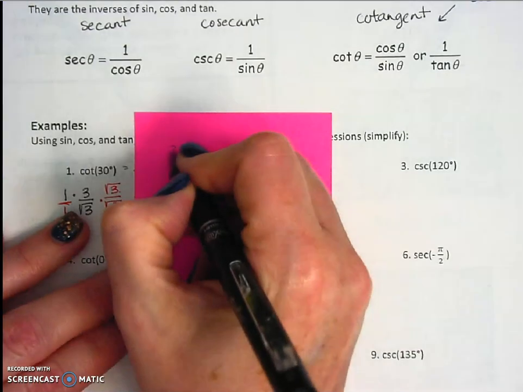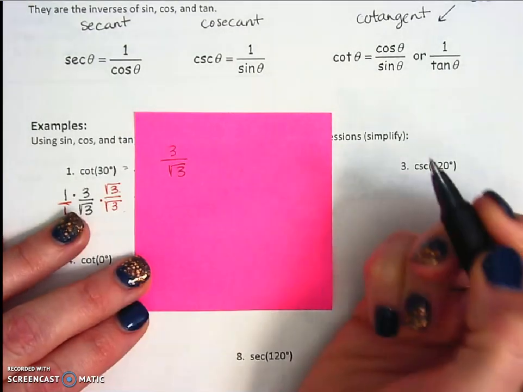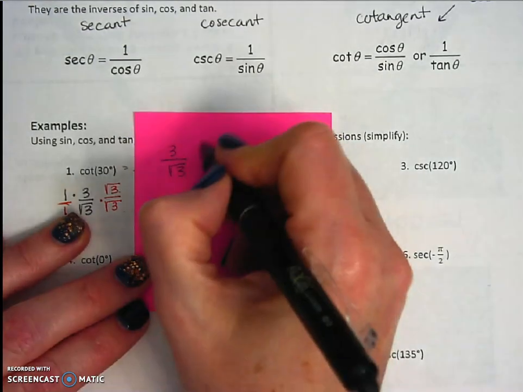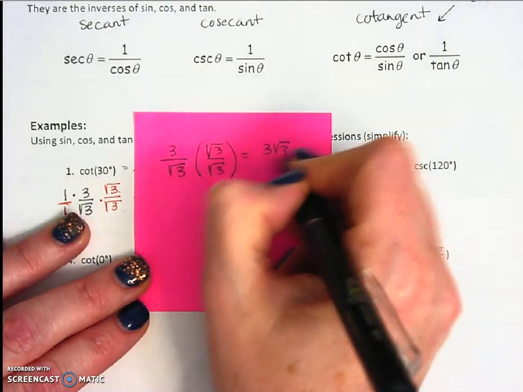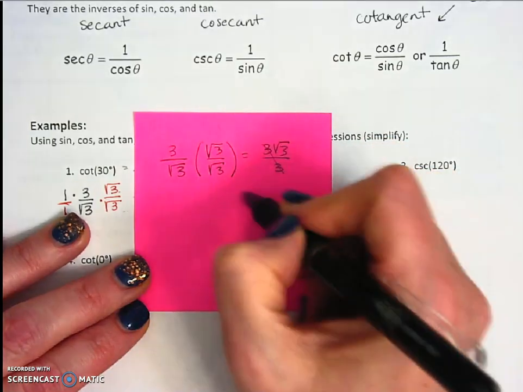So I would have just started here as my first step, 3 over rad 3, and then rationalize the denominator, and then simplified the 3's.